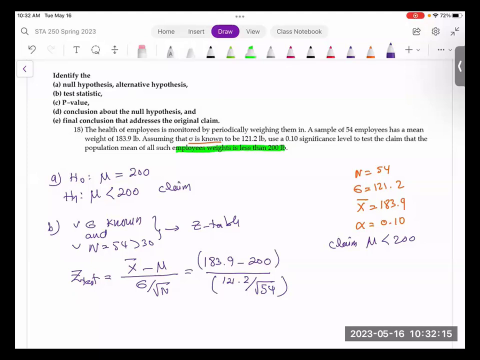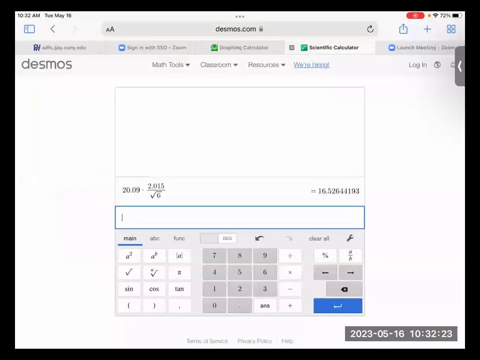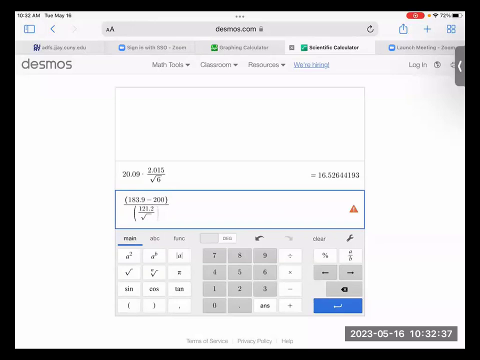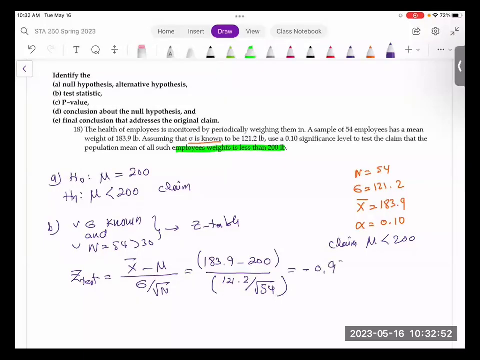Open the parentheses 183.9 minus 200, close the parentheses, divide by, open the parentheses, 121.2 divided by square root 54, close the parentheses, and that's going to be minus 0.976. And this is your Z test.